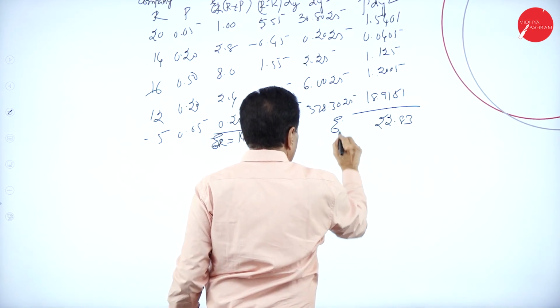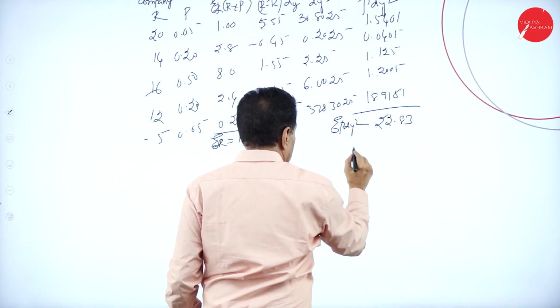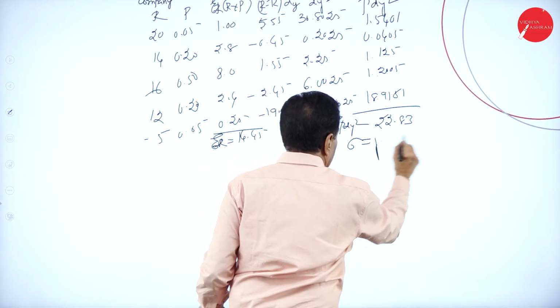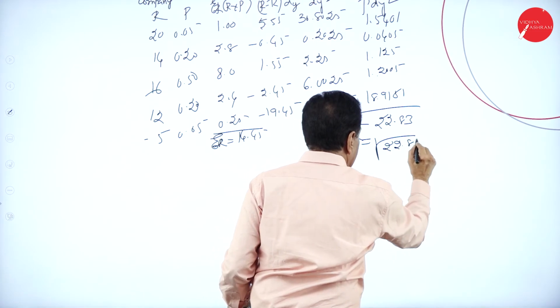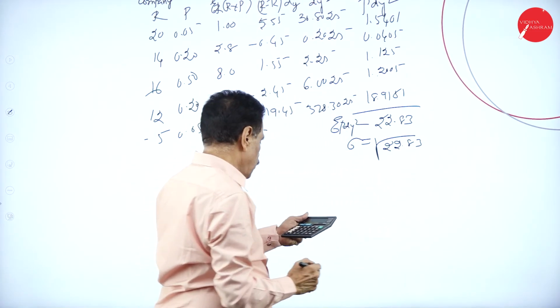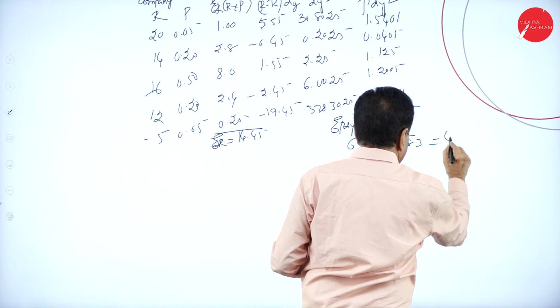This is sigma P dy square. Standard deviation is equal to root of 22.83, 4.78%.